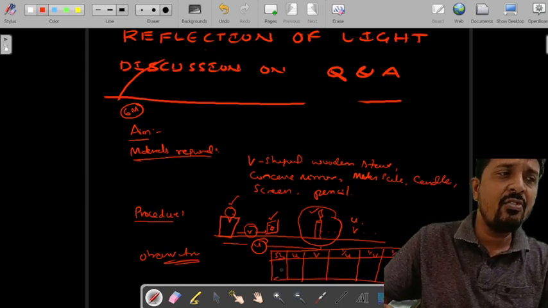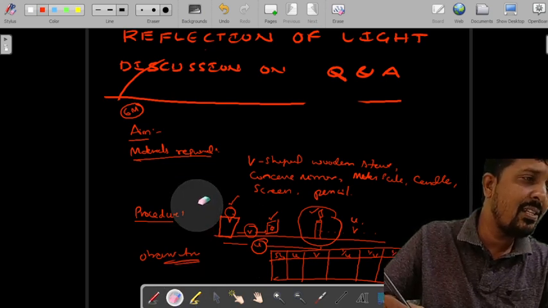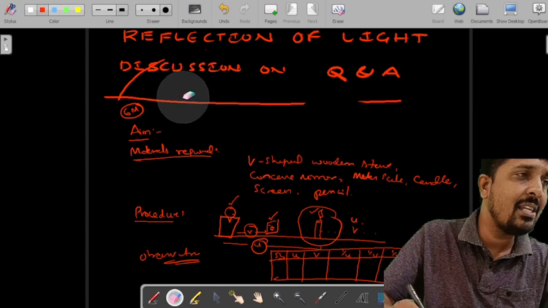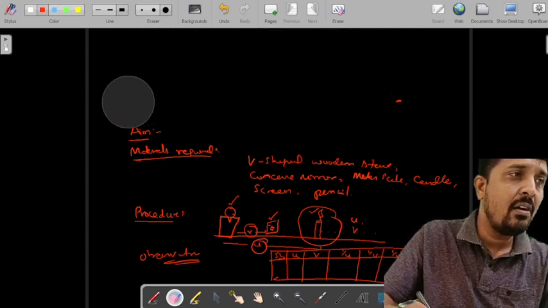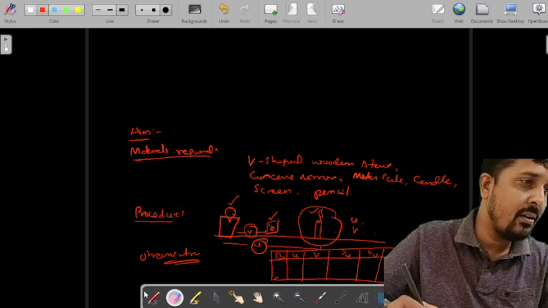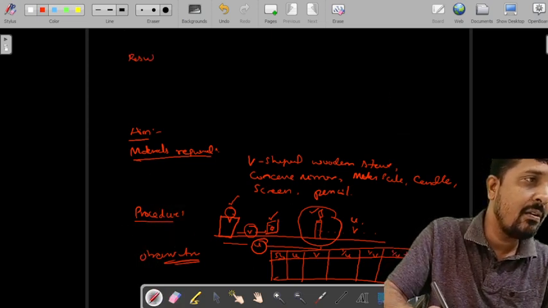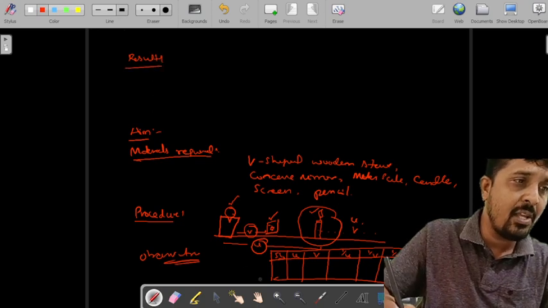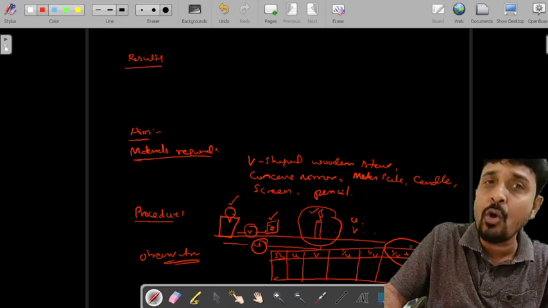After observation we are going to write the result. So what is our result? From the above experiment we can understand that the 1 by U plus 1 by V value will remain constant.